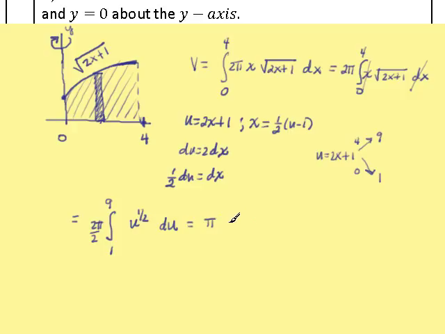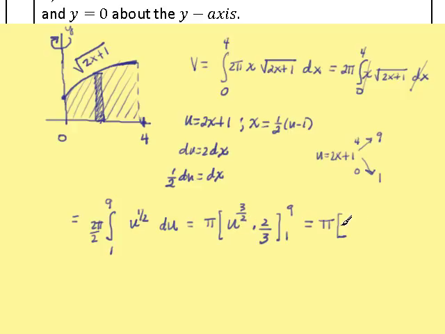u to the 1/2, let's add 1, so you have u to the 3/2, divide by 3/2, or multiply by 2/3. 1 to 9. Okay, first substitute in 9. 9 to the 1/2 is 3, and 3 cubed is 27.